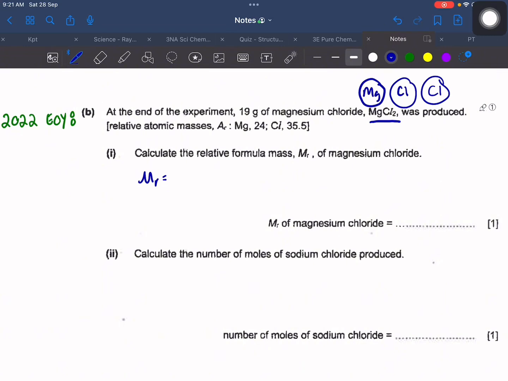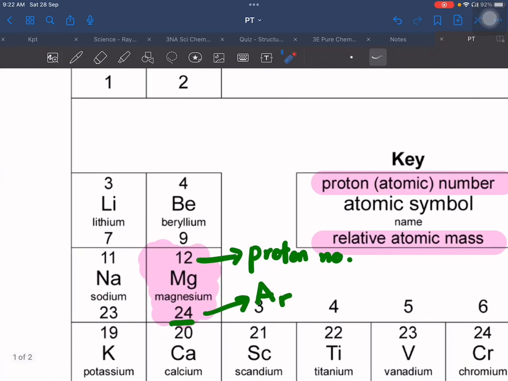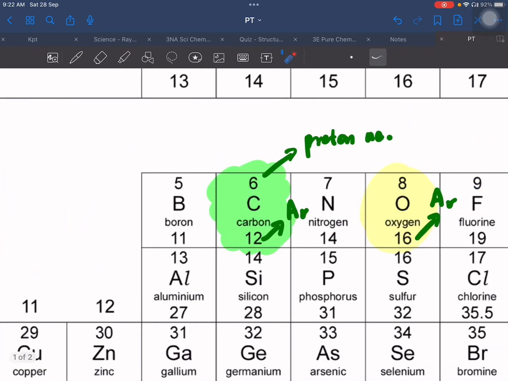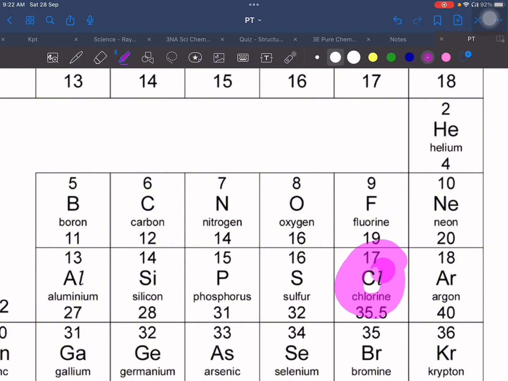Yeah, so then we'll go to the periodic table, look for Mg, like I mentioned just now. We'll know that this is the AR that we want, which is 24. Look for chlorine, which in this case is the one in the pink highlight. You know that this is the relative mass that we want, which is 35.5 each.